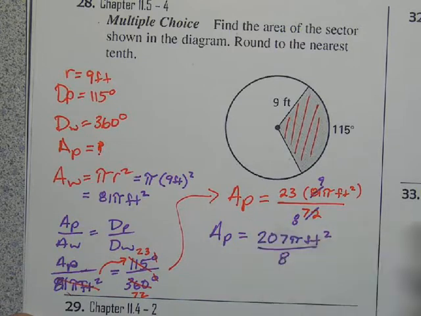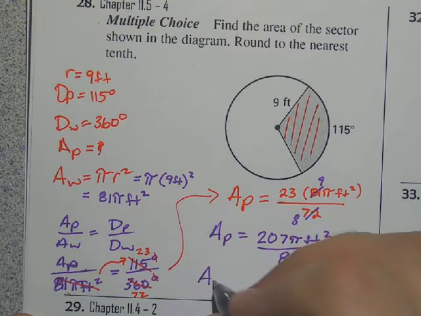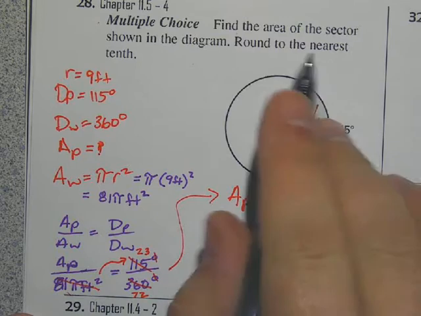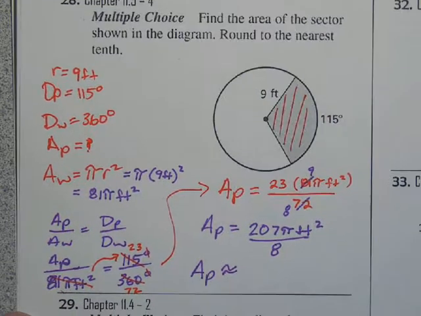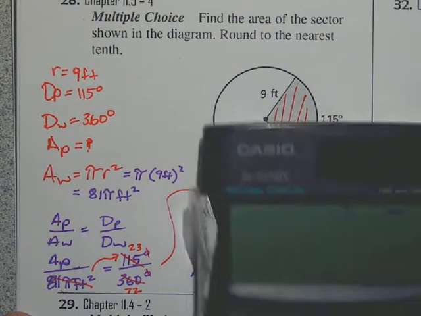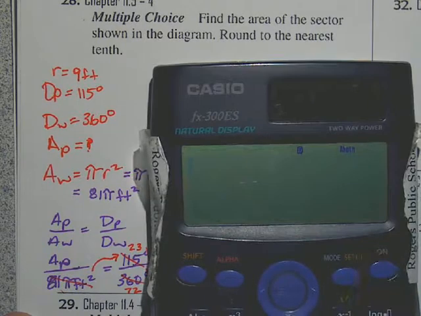And now there's nothing I can do to reduce here, but I could put this in decimal form to have it rounded to the nearest tenth like the question asks us to. So I'm going to put it on my calculator. 207 divided by 8, and I better be careful with this, it should be times pi.